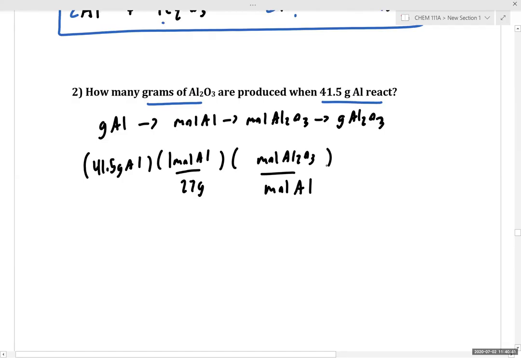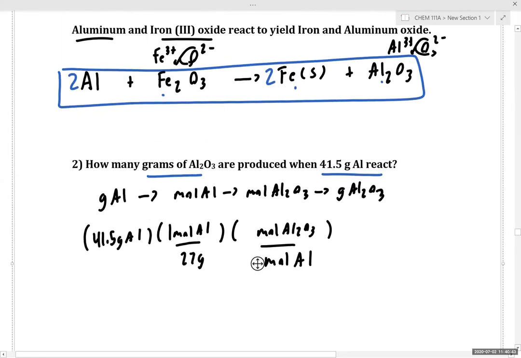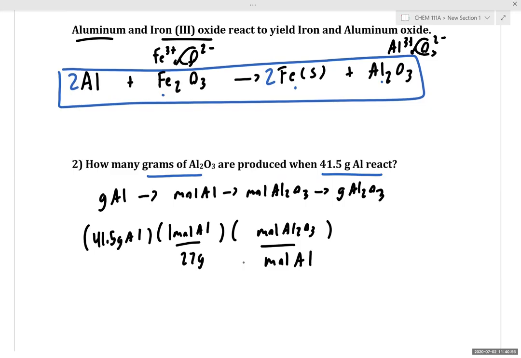What's our mole to mole ratio of aluminum oxide to aluminum?